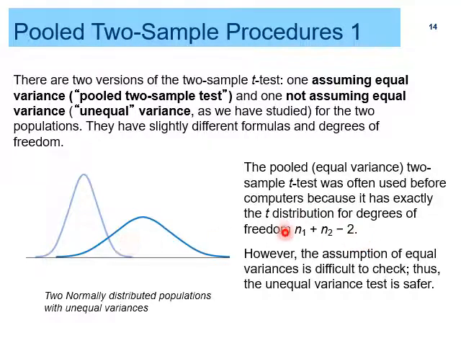This makes sense because if we have two samples from two different populations, for degrees of freedom we can do n1 minus 1 and n2 minus 1, so it would be n1 plus n2 minus 2. However, the assumption of equal variance is difficult to check, thus the unequal variance test is safer. There are different test statistics with which we can check if variance is equal or unequal, but this is not in the course, so we will learn it in later courses.